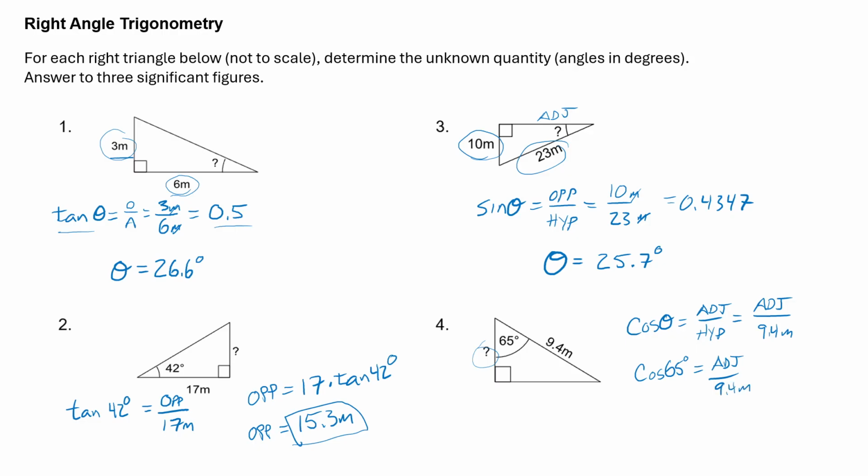If I multiply both sides by 9.4 meters, I get that the adjacent is going to be 9.4 meters times the cosine of 65 degrees. That gives me an answer of 3.97 meters in my calculator. Any questions on this? I have a quick tutorial on basic right angle trigonometry.